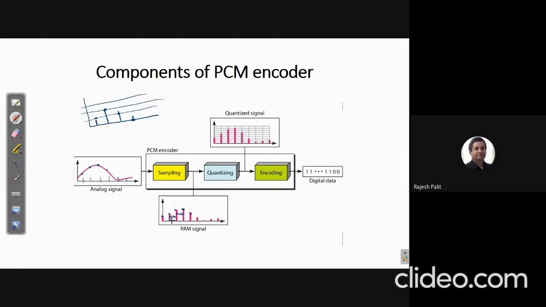Now, when we do the quantization, when we assign a level, definitely we make mistakes, because we do some approximation, and that is called quantization error.